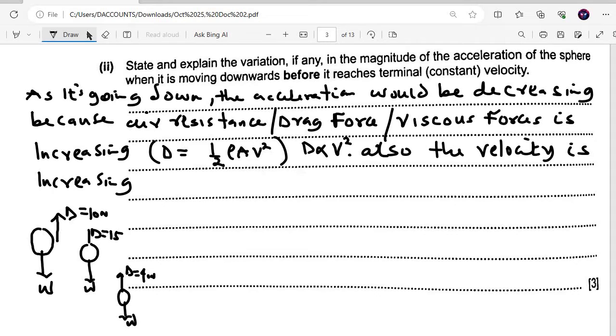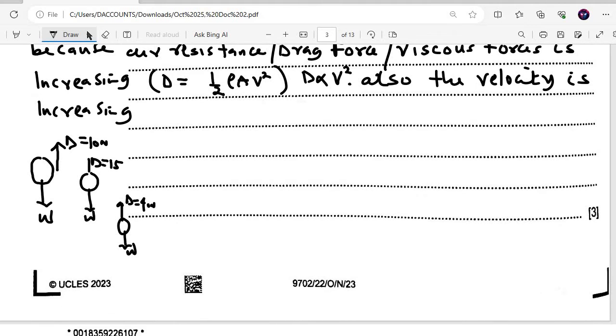Remember that the resultant force in this case is weight minus drag force. As the drag force is increasing and weight is constant, the resultant force is decreasing.